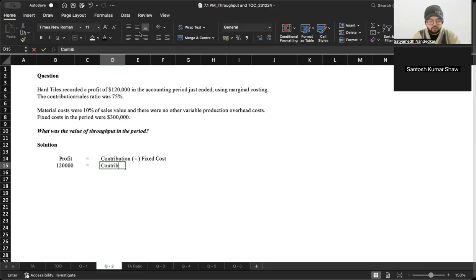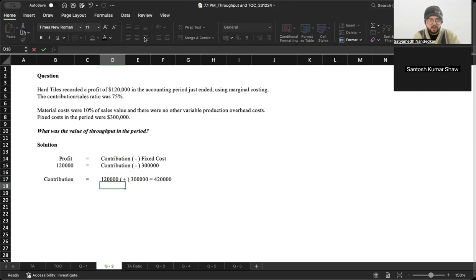Contribution we don't know, minus what was the fixed cost? 3 lakh. So can I safely say that contribution will be equal to 1,20,000 plus 3 lakh, which is how much? 4,20,000.